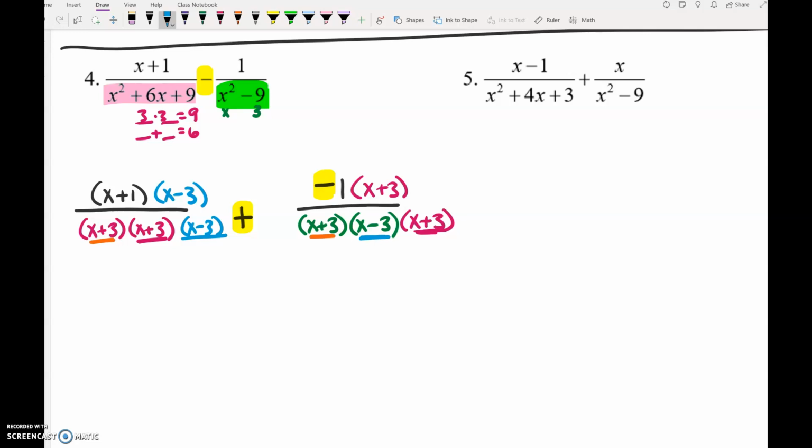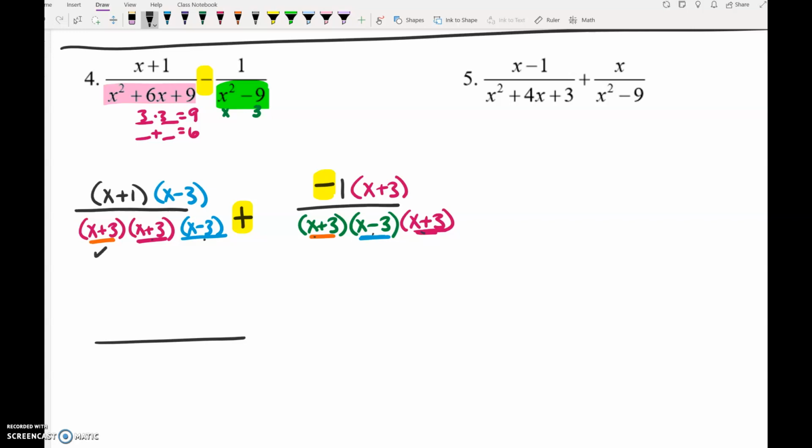Okay, now the good news is the problem on your assignment is not going to involve double distributing in the numerator. It's going to be a little bit simpler than this. But if we can handle this problem, you can handle anything that is similar to this, but slightly simpler. So our common denominator, do you all agree? We have the orange, x plus 3. We have the pink, x plus 3. We have the blue, x minus 3.